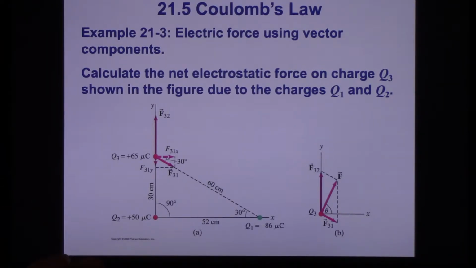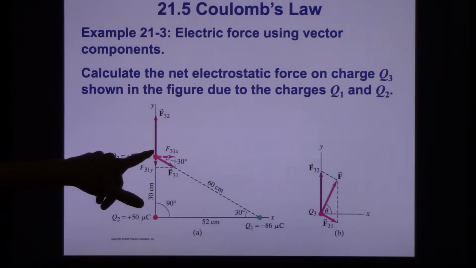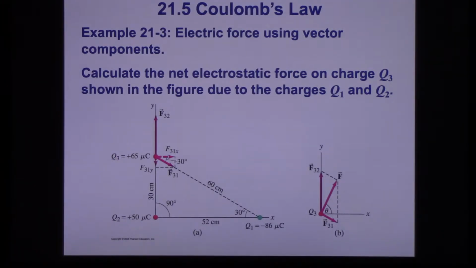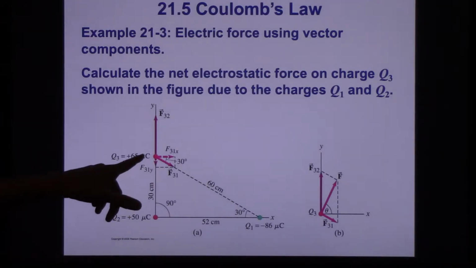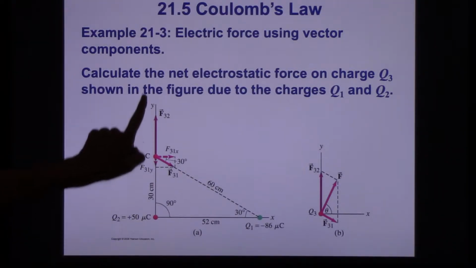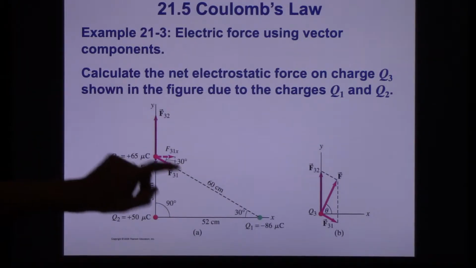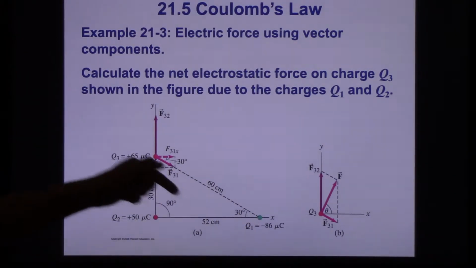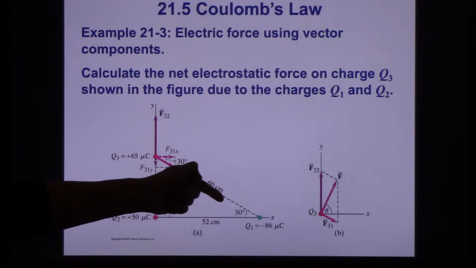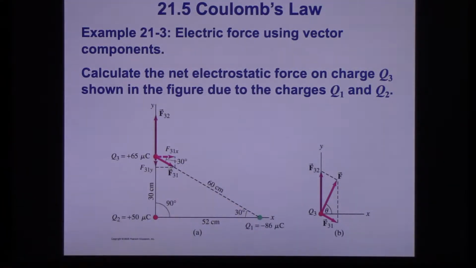They just picked one of these out, charge number 3, and specifically asked about what the net force would be acting on charge 3. Well, there was a force from charge 2, which pushed it in this direction, but there was also a force from charge 1, which attracted it in this direction, and we had to go in and do the vector addition.